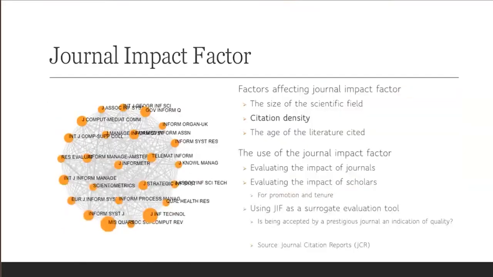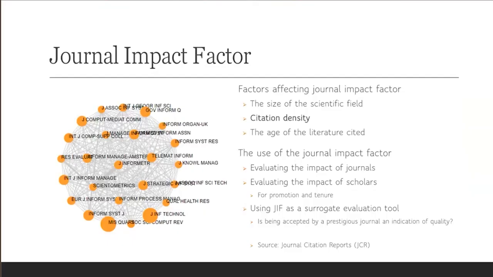So for the journal impact factor, like I mentioned, the size of the scientific field can play a factor in affecting the impact factors. If you have a really niche field and there's only a handful of journals that cover your topic, your impact factor is automatically going to go up because you're going to be cited more, because there's hardly anywhere else to get published.